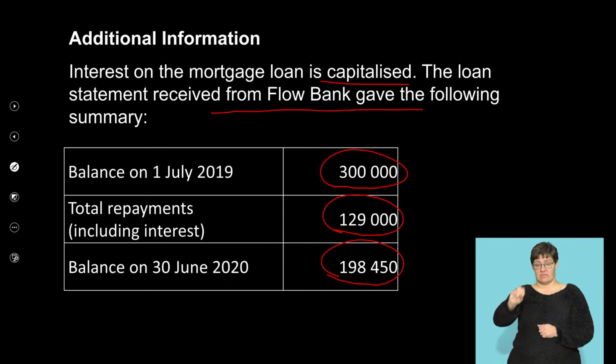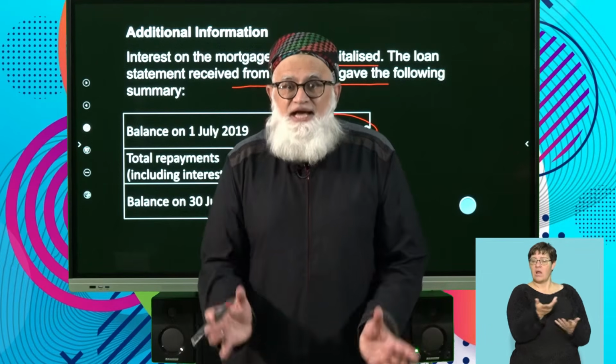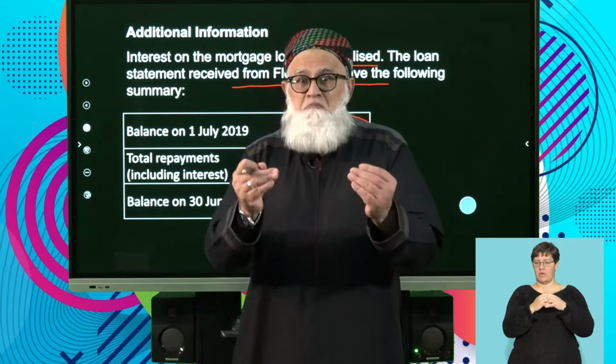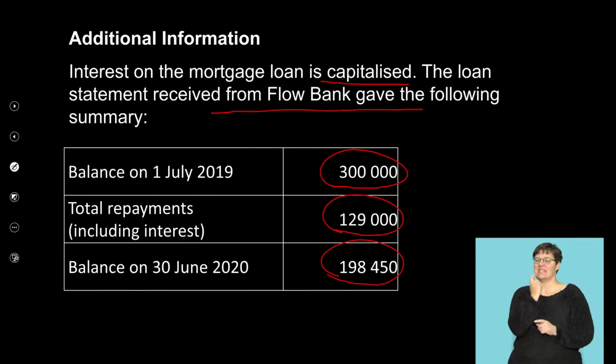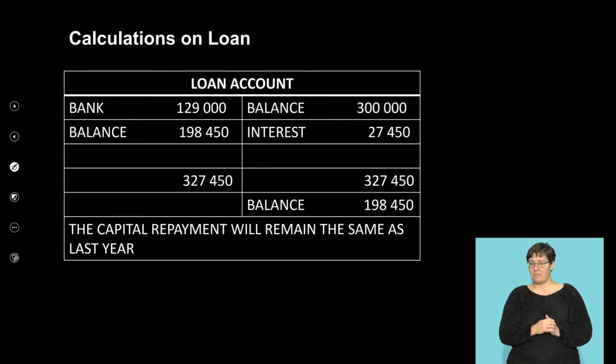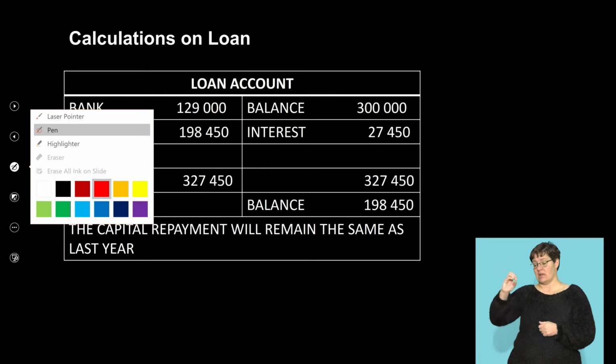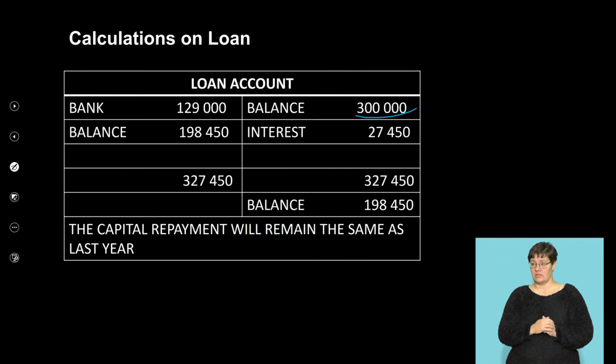198,450. Now, like I always say, whenever you have this information, put it in the form of a T account. It will make it much clearer and easier for you to understand. Let's do that. Here we go. There's my opening balance of 300,000. There's my bank figure, repayments including my interest.